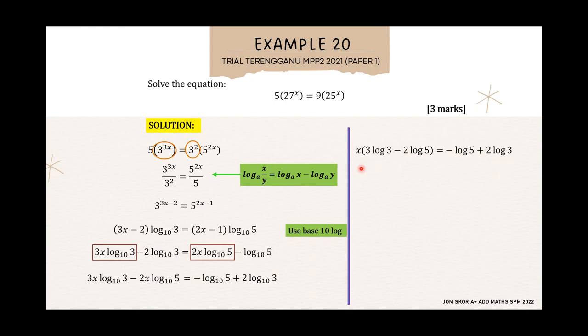Okay, nak cari x macam mana? Kita nak cari x, jadi kita bawa term ini ke sebelah sana. Asalnya dia darab, bila pindah dia akan jadi bahagi. x is equal to negative log 5 plus 2 log 3 divided by 3 log 3 minus 2 log 5.